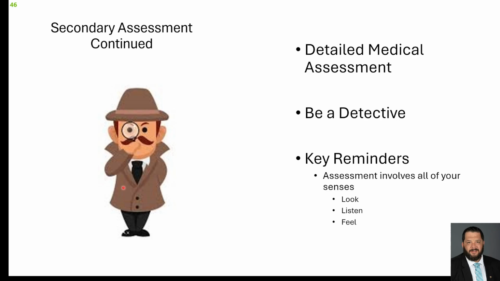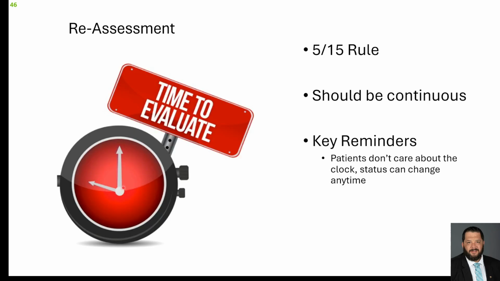So if the patient's complaining of abdominal pain and you're starting to assess and you feel like this might be an appendicitis situation, you would expect the patient to have some abdominal tenderness, some rebound tenderness, particularly. If you're assessing a patient who is having shortness of breath with a history of asthma, you would expect to hear different lung sounds in that patient. Okay, so you're going to use the assessment to help drive and confirm your field diagnosis. And that's important when we go to treat these patients.